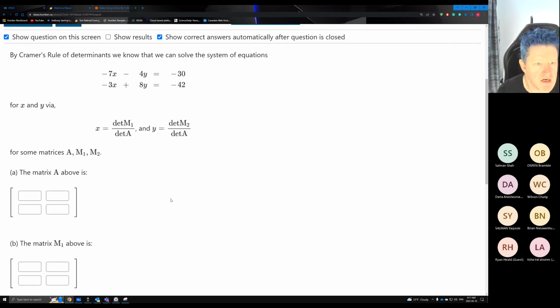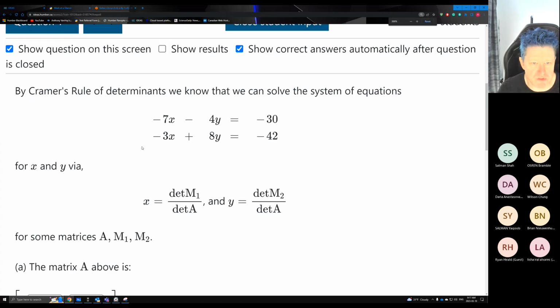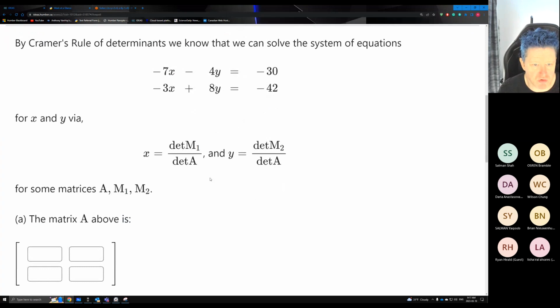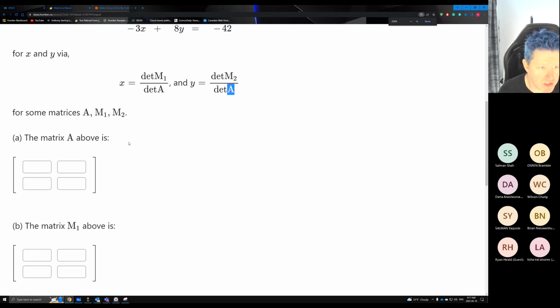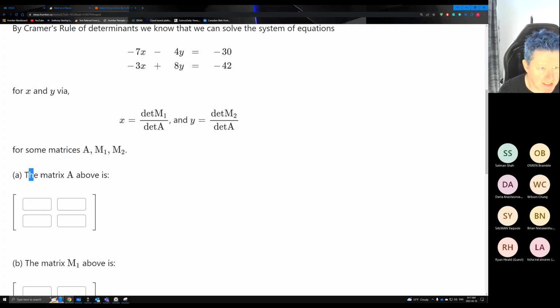Notice that on the screen, right here in the middle, is Cramer's Rule. In this case, A is what I was calling del before. So what it wants you to do is figure out what the matrix A is first.